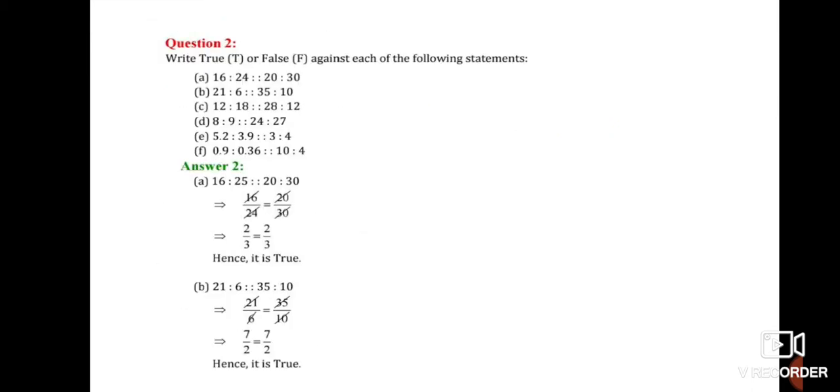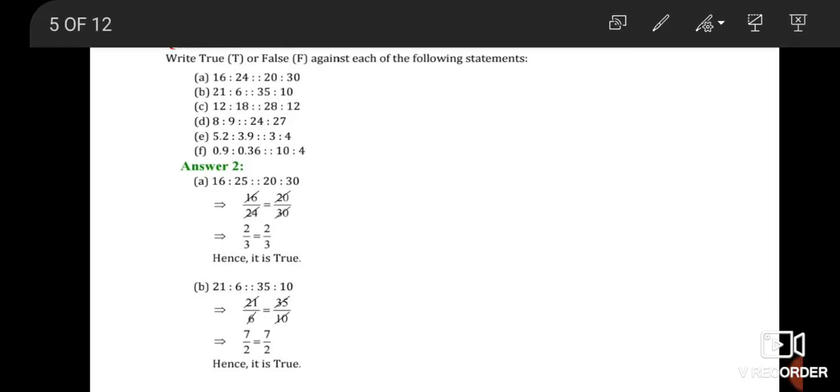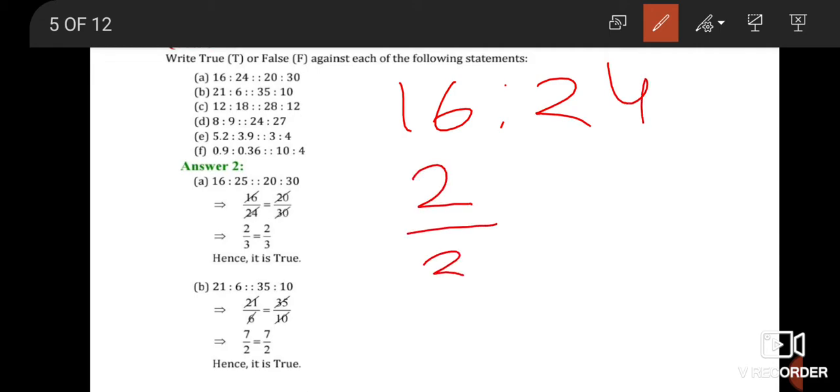So in question number 2, they are asking about 16:24, 20:30. So we find the ratio between 16 and 24. 16 upon 24 gives you 8 2 is 16, 8 3 is 24, so 2:3.